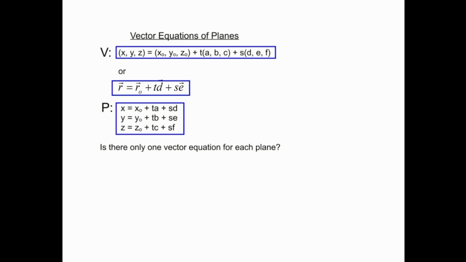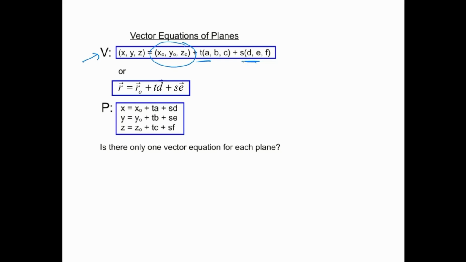Okay, so let's get some definitions around here and let's start looking at this because it's going to look familiar. It's really not all that different than the vector equation of a line. So let's take a look at what we've got here. So the vector equation of a plane, that's this one here, is the sum of 3 different vectors. We have our position vector, x naught, y naught, z naught, plus scalar multiples of two other direction vectors.